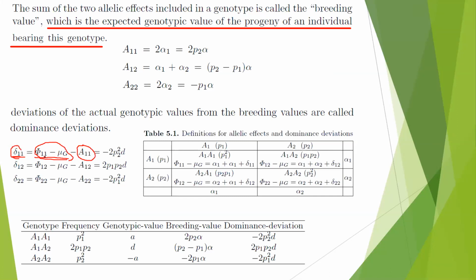So if you take this difference, this gives you the residual, the deviation for this genotypic value, and the same for the second genotype and the third genotype. We can also define this deviation using the difference here. So it gives you different expressions of the deviation or error.